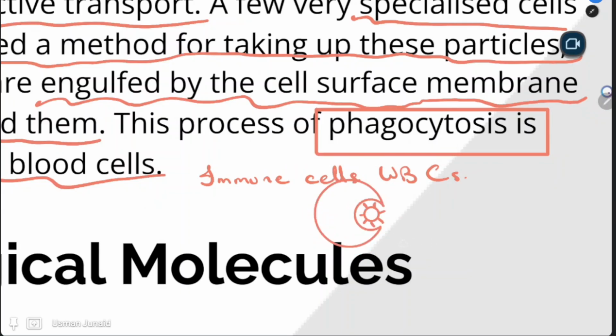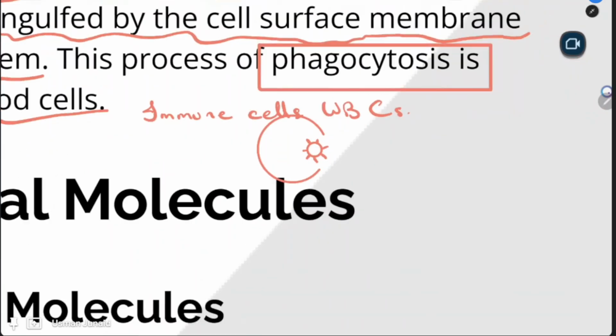And it will take it into itself. This process is called phagocytosis.